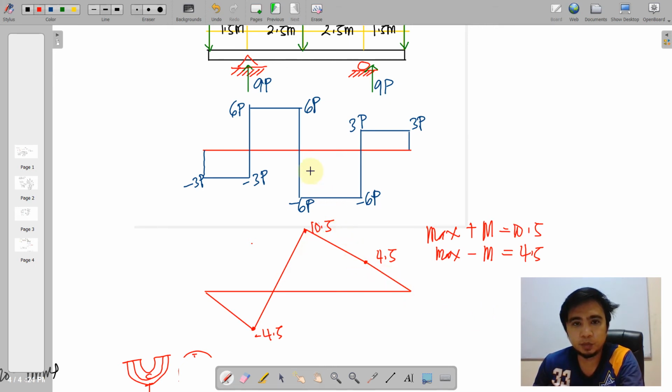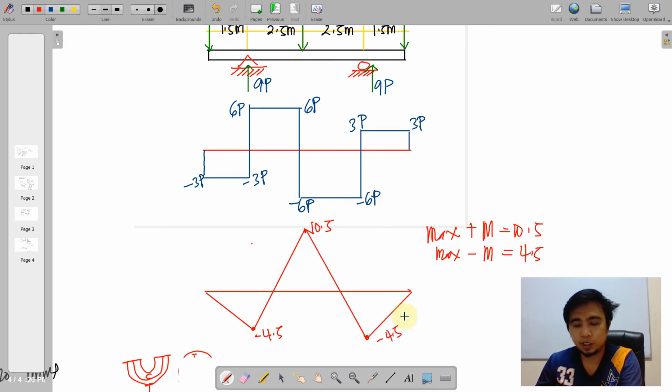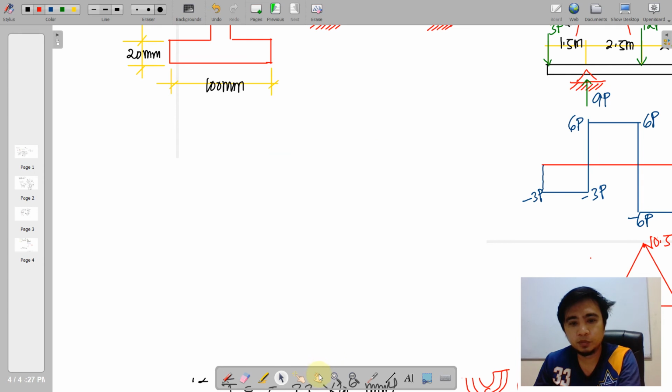Okay, so from 10.5, again, we deduct negative area here. 6 by 2.5 is 15. Okay, so 10.5 minus 15 is actually 4.5. And then, so let us correct that. That should be negative. And then eventually this positive area will close this negative 4.5 to 0. So as we can see that the maximum moment is 10.5, and maximum negative moment is 4.5.